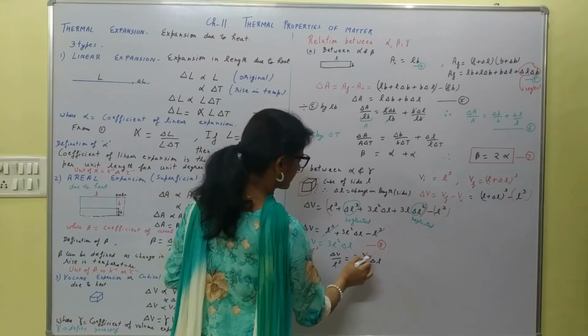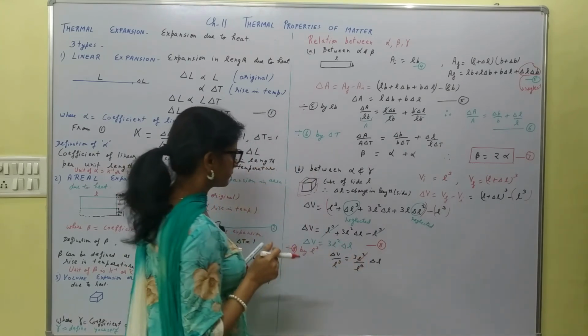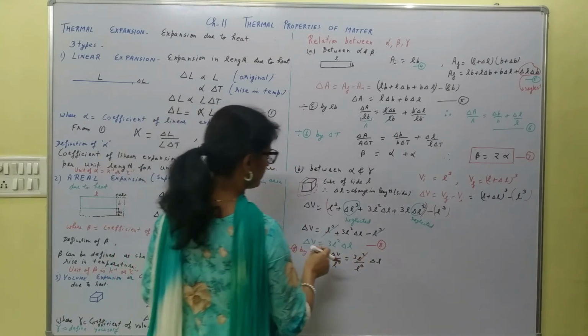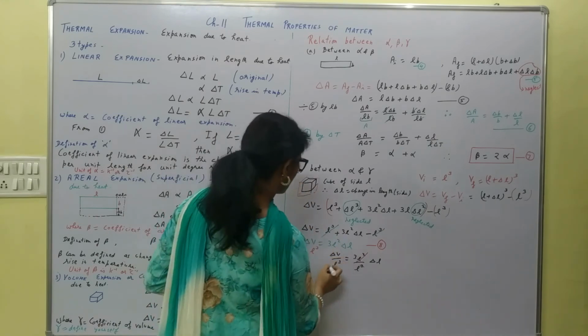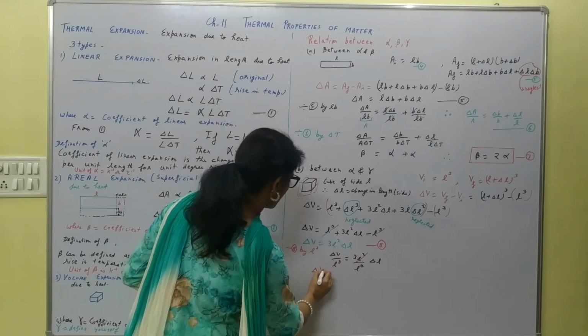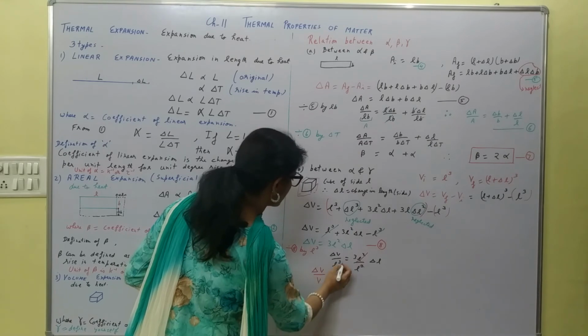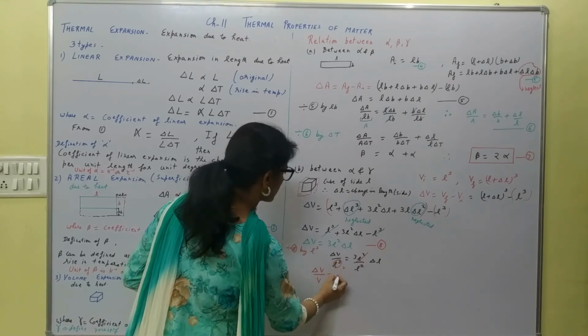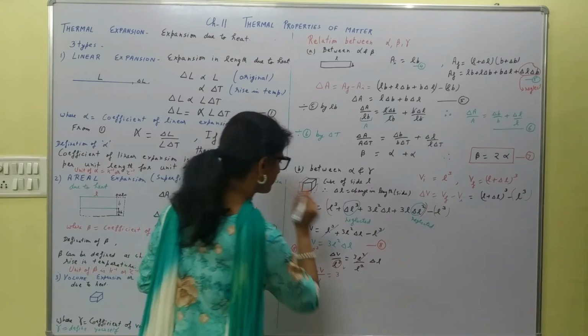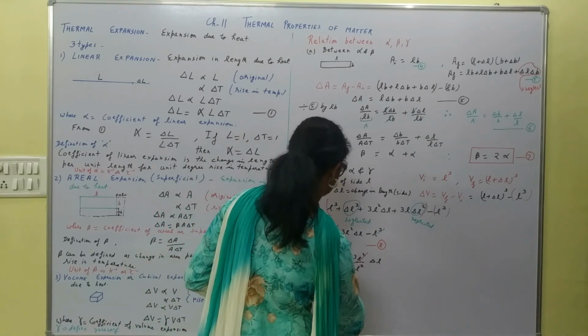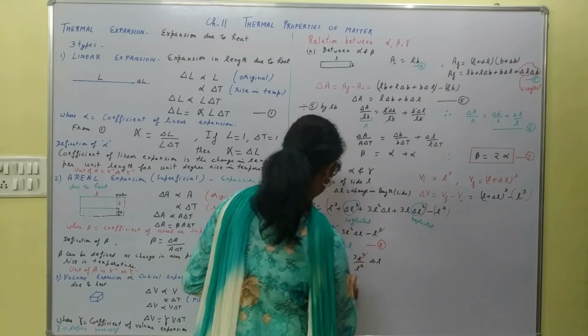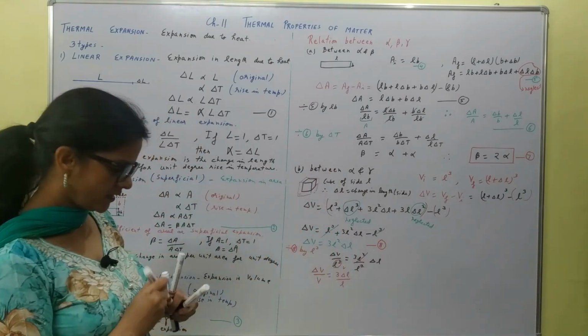This square will be cancelled. And this will be volume. So this will be delta V upon V, because this part is volume. So this is equal to 3 delta L upon L.